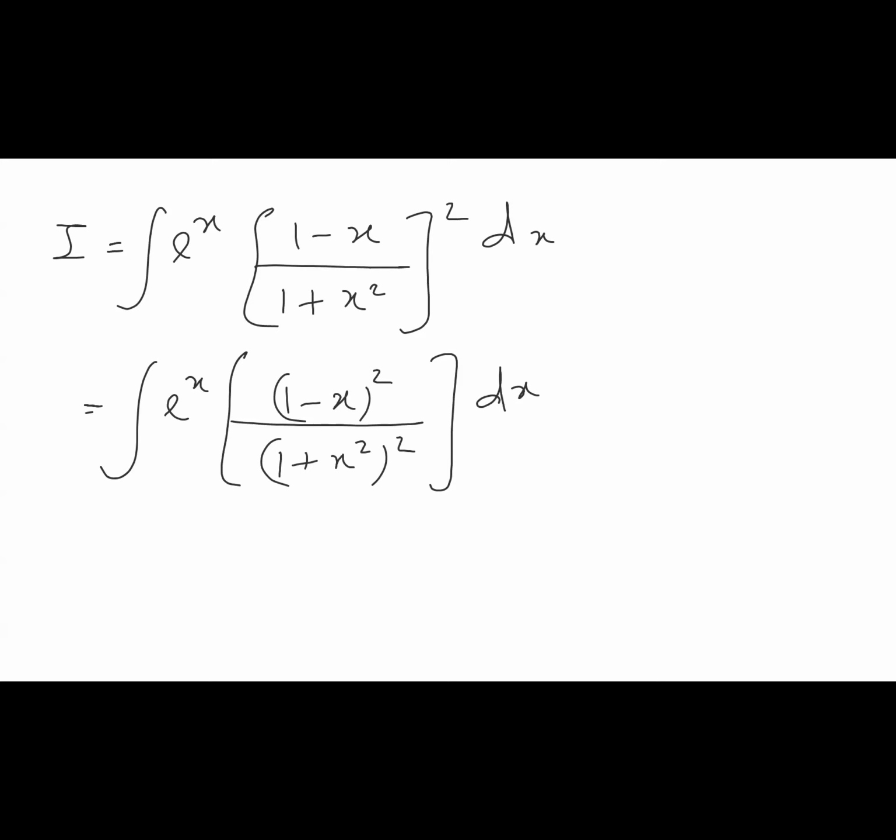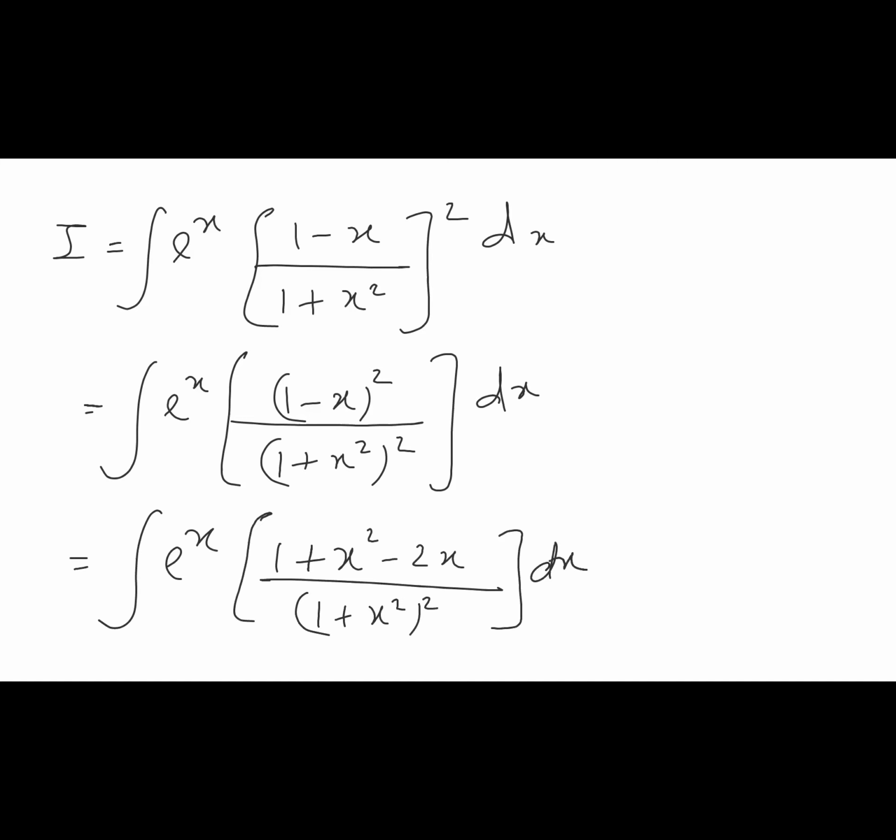The problem is quite tricky. Just expand the numerator. 1 plus x square minus 2x upon 1 plus x square the whole square. Don't expand the denominator. Just expand the numerator.